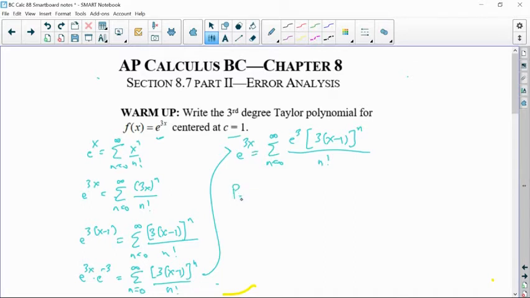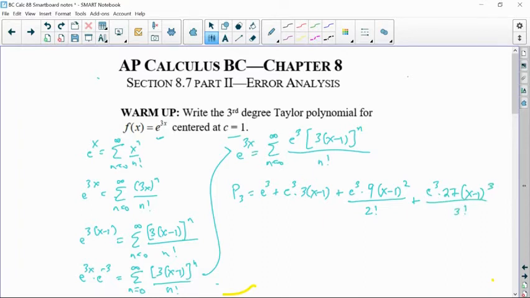So our third degree Taylor polynomial, when n is 0, this is just e cubed, plus when n is 1, we get e cubed times 3 x minus 1 to the 1 over 1 factorial, plus when n is 2, we get e cubed times 3 squared, which is 9, x minus 1 squared over 2 factorial, and then when n is 3, we get e cubed times 27 x minus 1 cubed over 3 factorial.